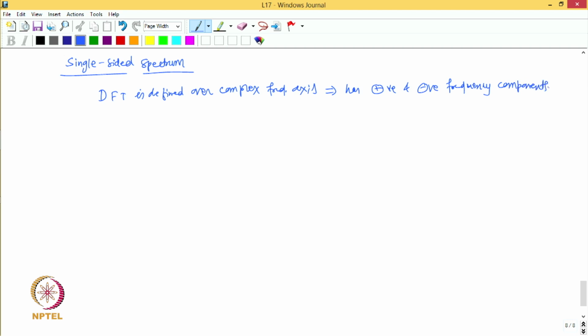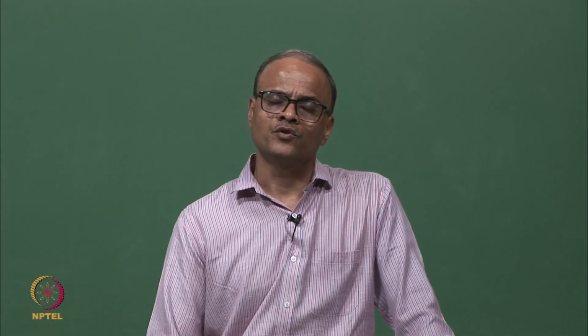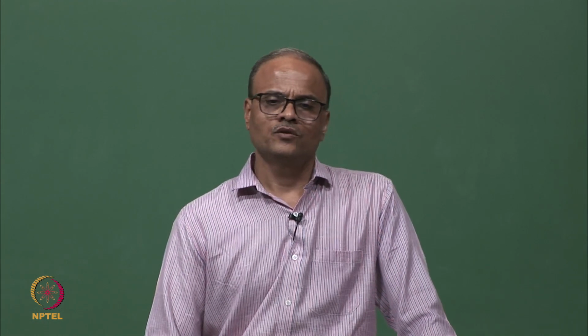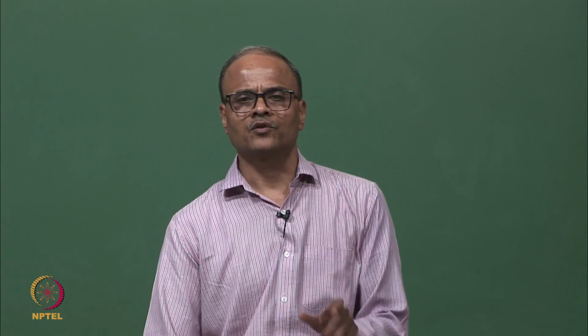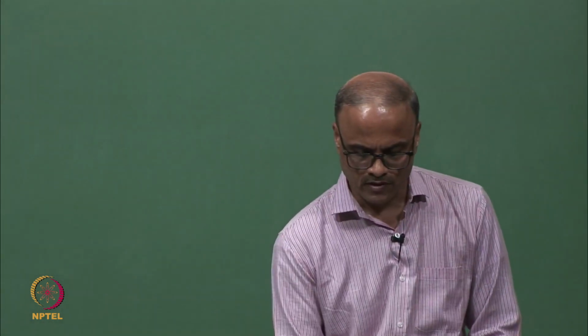Since the measured signal is real, we have seen that for a real signal the DFT positive and negative frequency components are related by the complex conjugate property. So the negative frequency components are the complex conjugate of the positive frequency components.